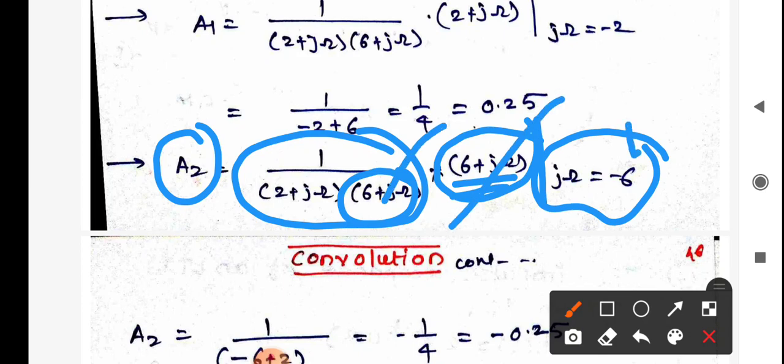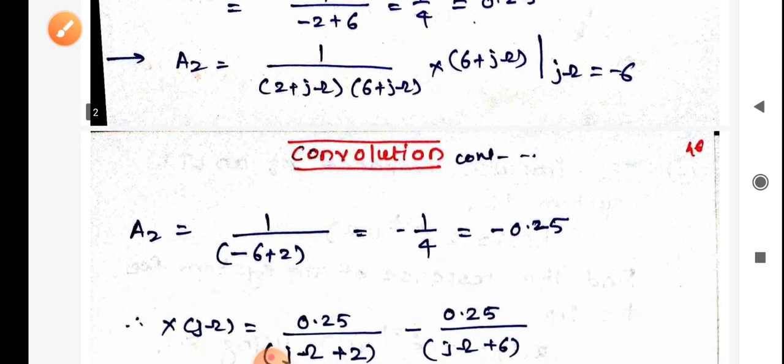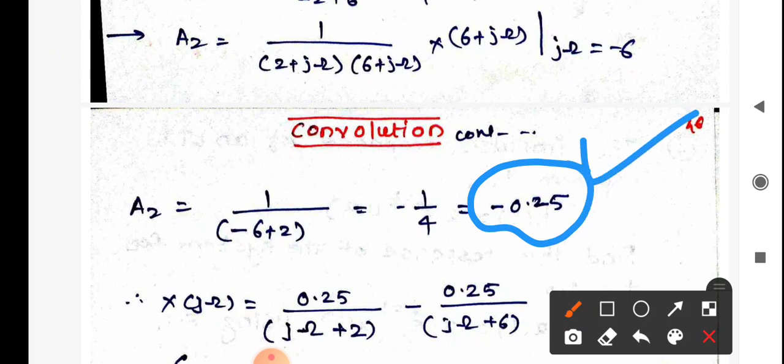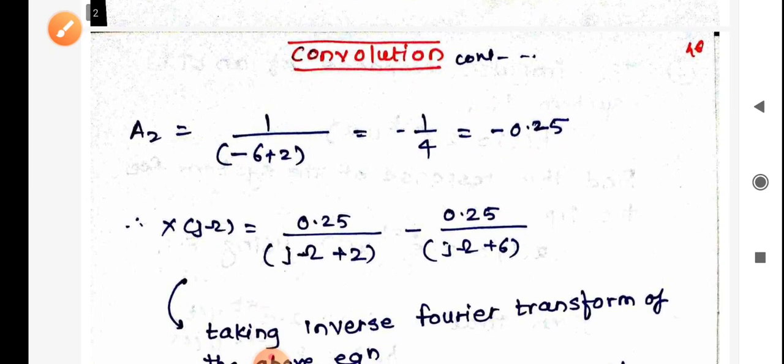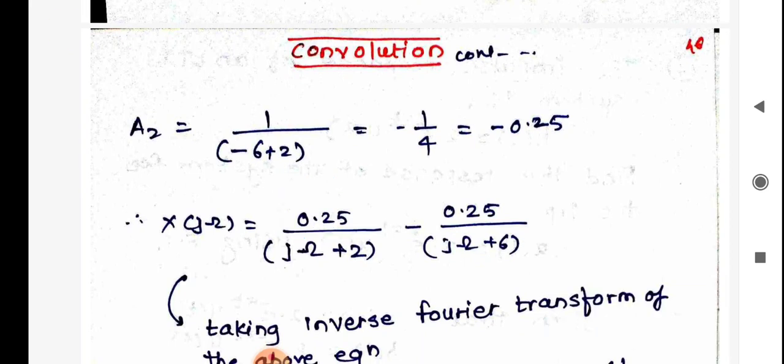This thing is cancelled, this thing is cancelled. At this place, keep minus 6. 2 minus 6 comes to be minus 4, right? So 1 upon minus 4. The final answer is minus 0.25. So a2's value is minus 0.25 and a1's value is 0.25.